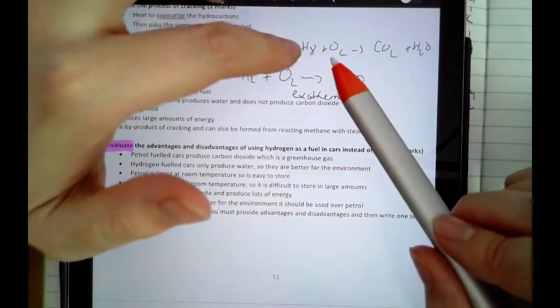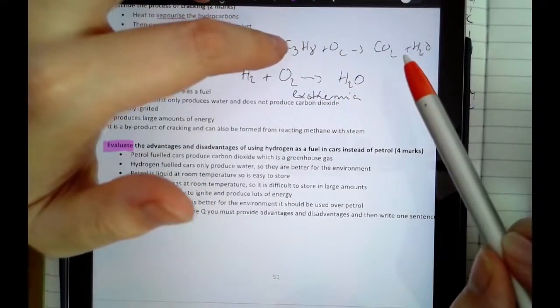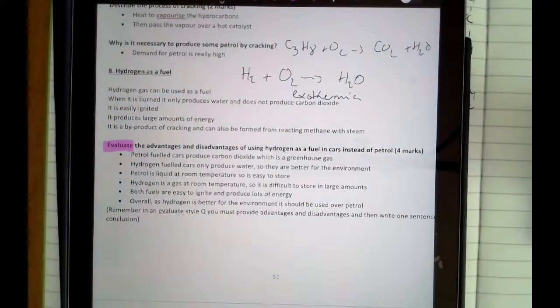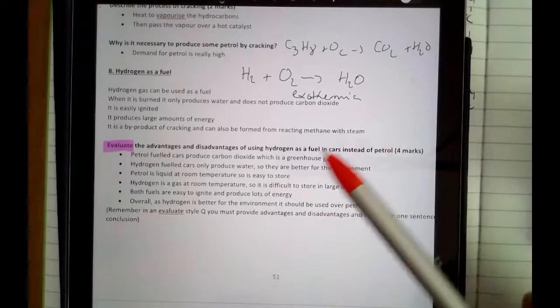Here, I've got hydrogen, which combines with oxygen to form water, but I've also got carbon, because it's a hydrocarbon, not just hydrogen, so that combines with oxygen to form CO2. So any of your hydrocarbons will form CO2. Hydrogen only produces water, so that's better for the environment.